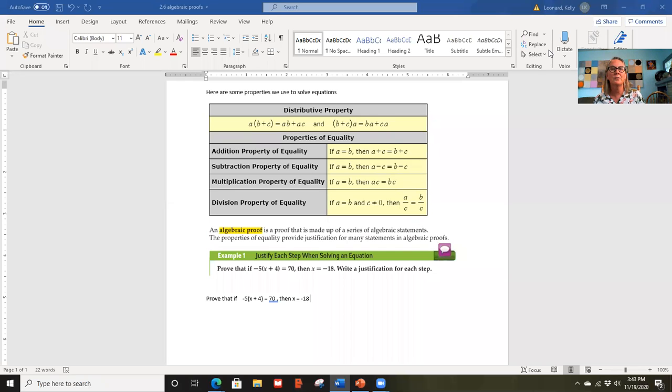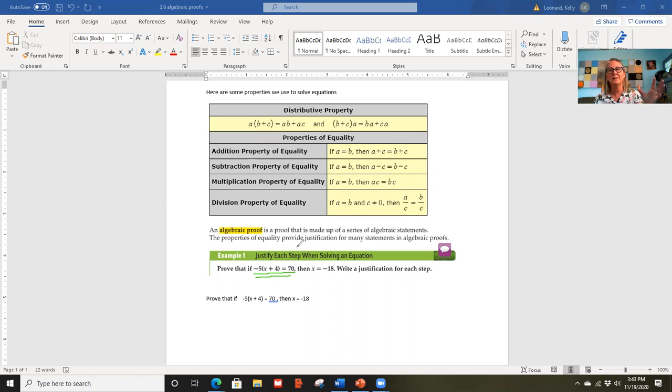Okay, so in some of them you had to identify the hypothesis, and it sure would have been nice if you could have just underlined it. So this is the hypothesis right here: -5(x + 4) = 70. And the hypothesis is the thing that's given.